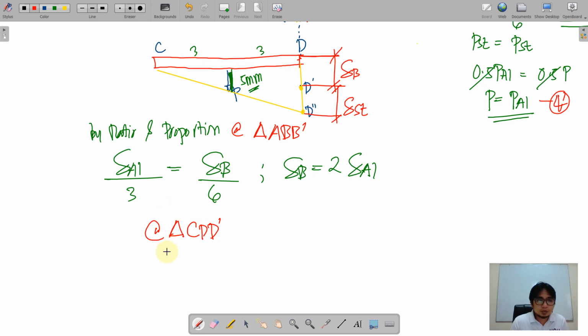We have 5 is to 3, this is equal to delta B plus delta steel is to 6.